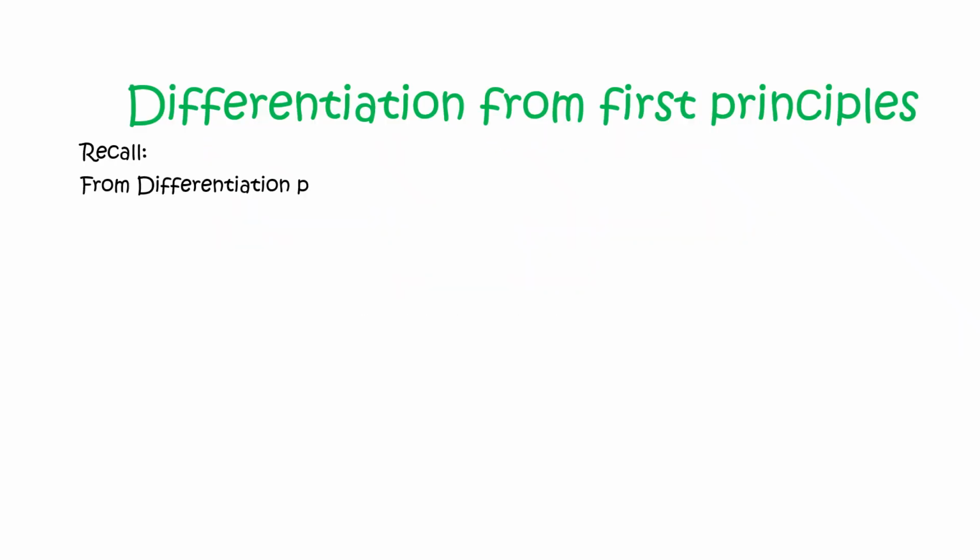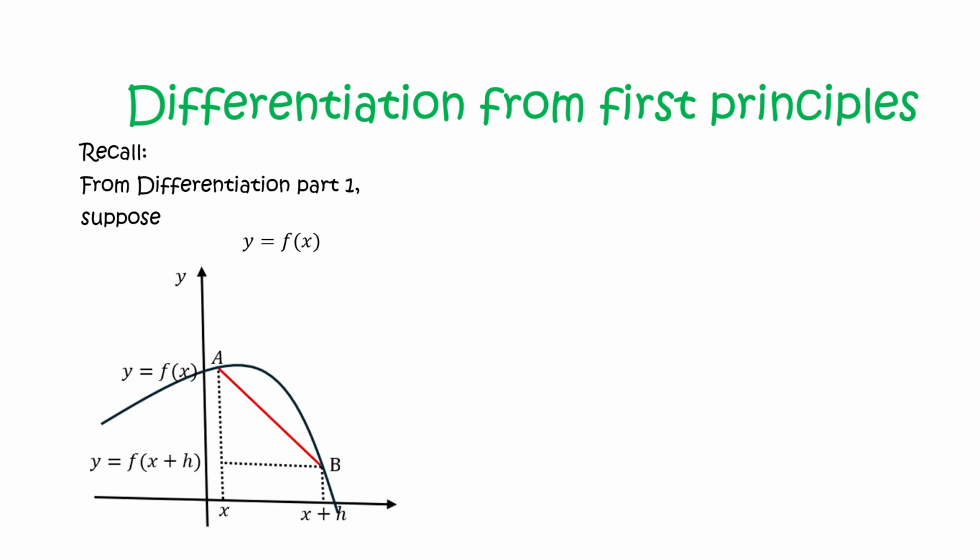Recall, from differentiation part 1, suppose that we have y is equal to f of x. And if we display what we have here on a graph, we would have something of this nature.